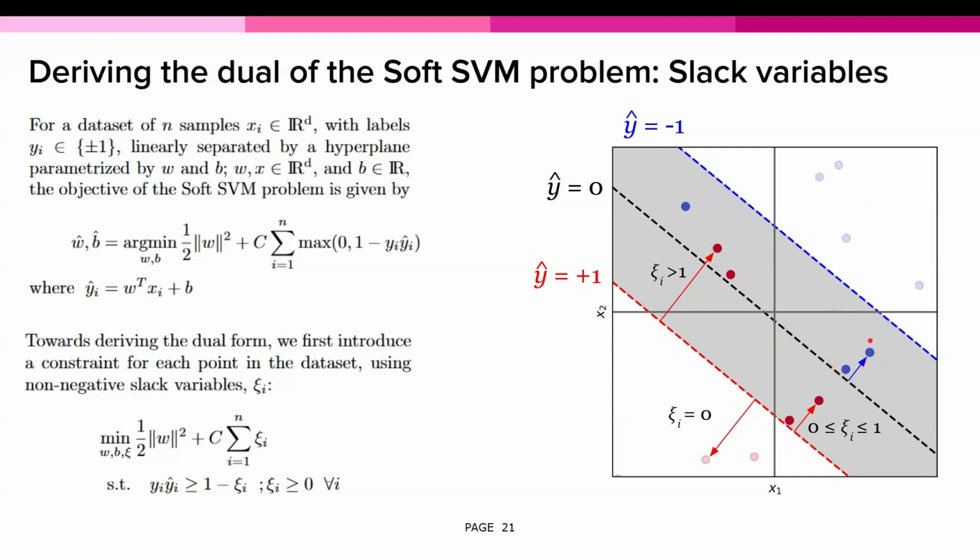Why is that the case? Because we know that this is 1 here, our slack variable would be this distance here, and then this is 1 minus the slack variable.